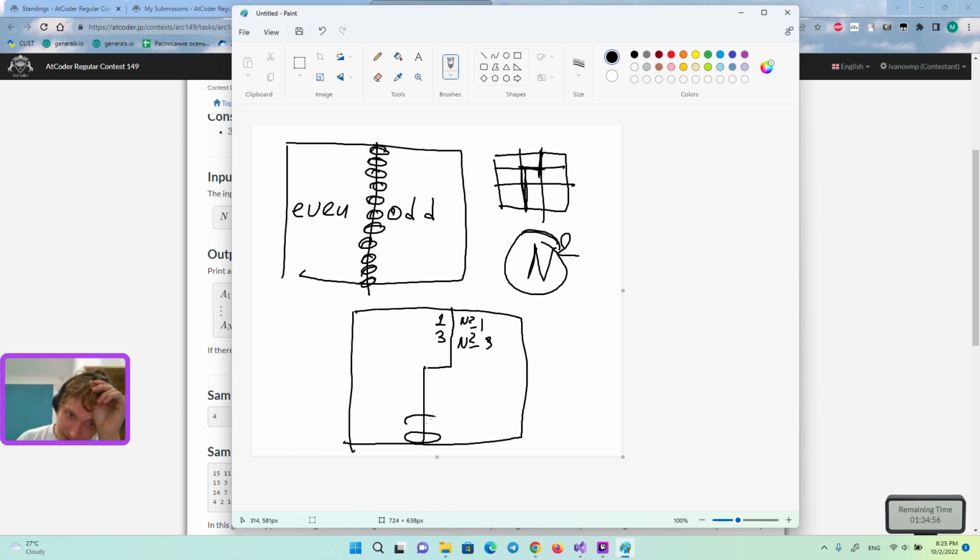And we can also do it here, but here's the problem. We need to make such pairs that this number is also composite. So how would we do it? It's kind of easy.